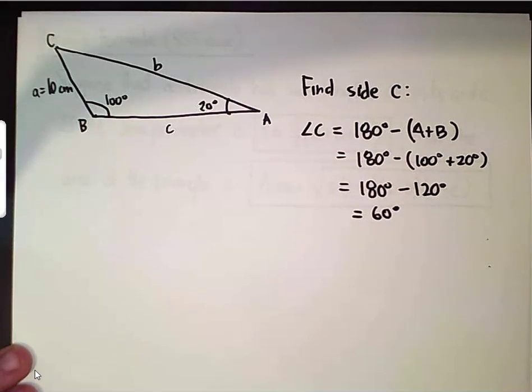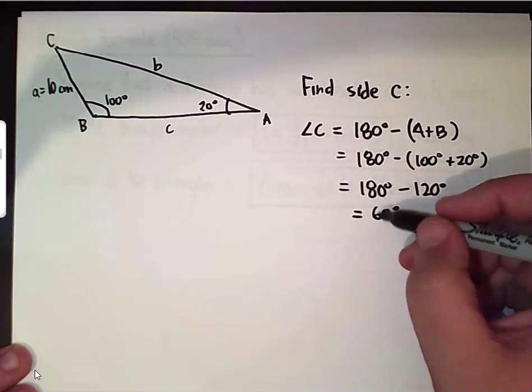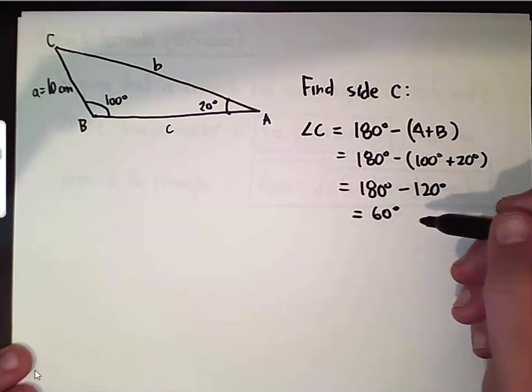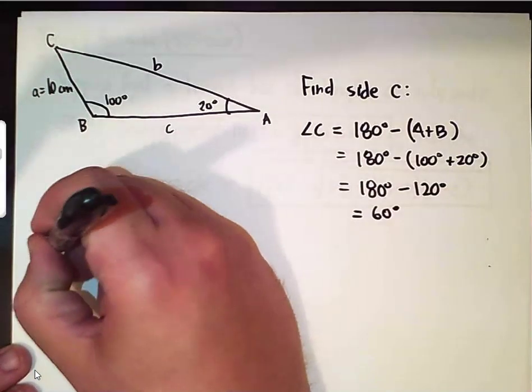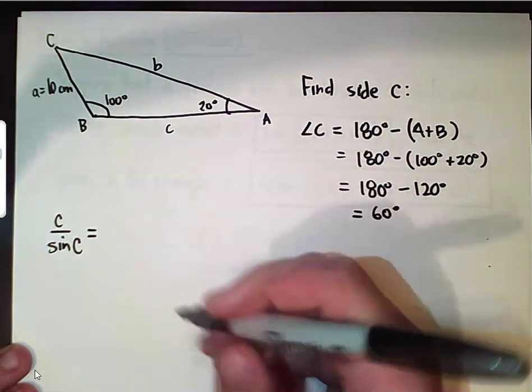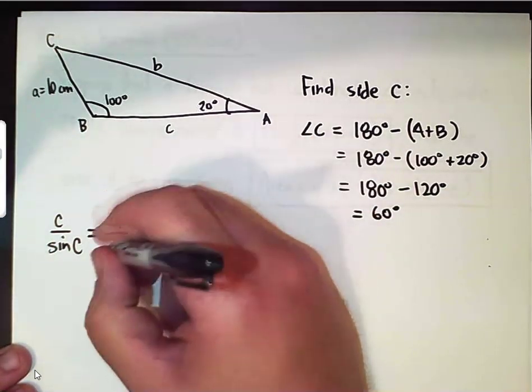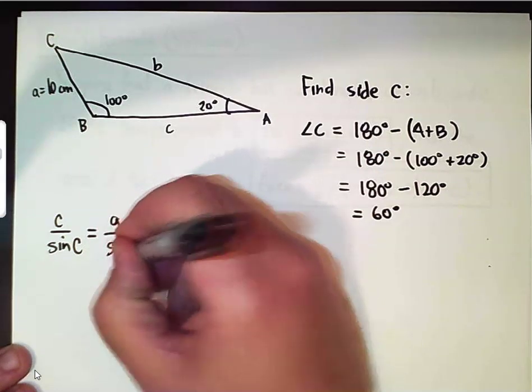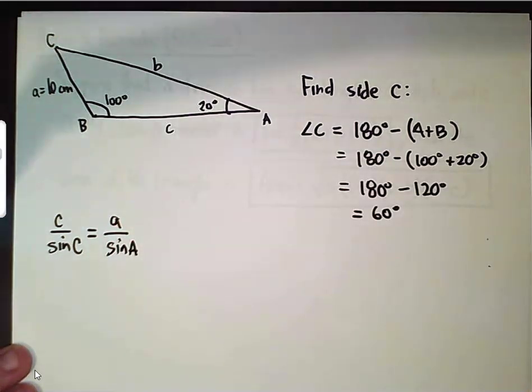And if I know angle C is 60 degrees, then I can use the law of sines, c over sine C equals a over sine A, to find the length of side c. Then once I have side c, I can plug it into the area formula and get the area.